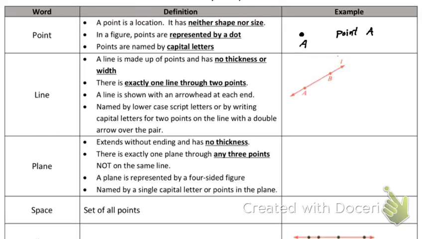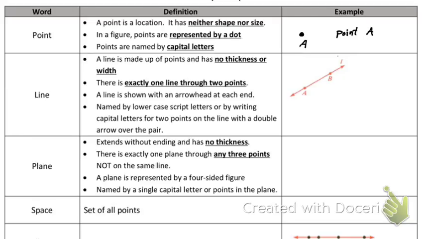Now, a line has no thickness, but it does go left and right. So even though we can see thickness on here, it really has no thickness. All right, so we start with something that has no shape to something that just has left and right, or up and down, and that is a line.